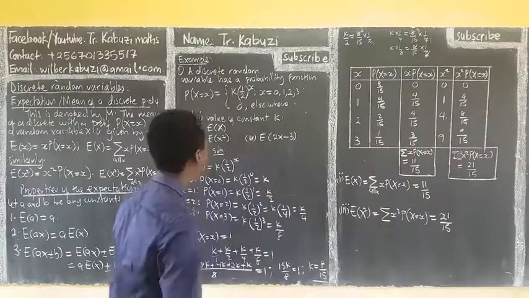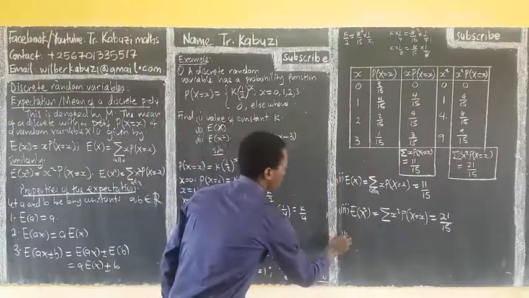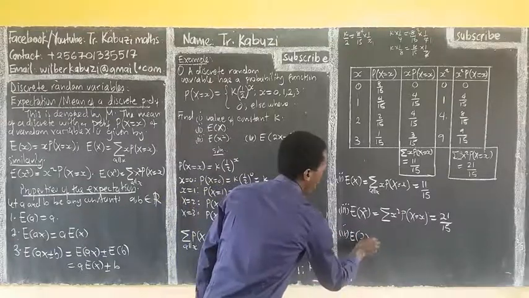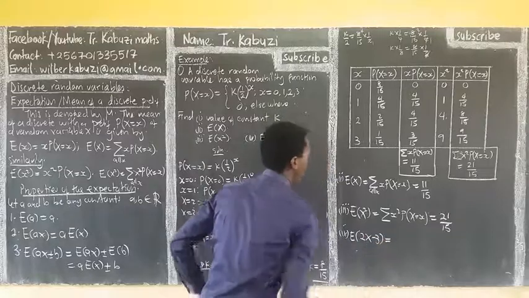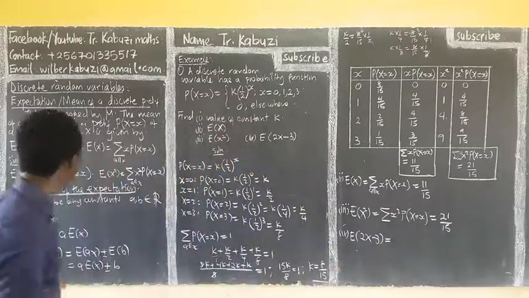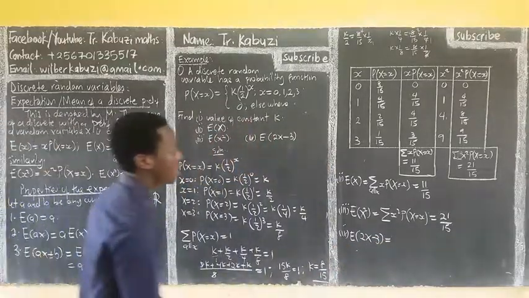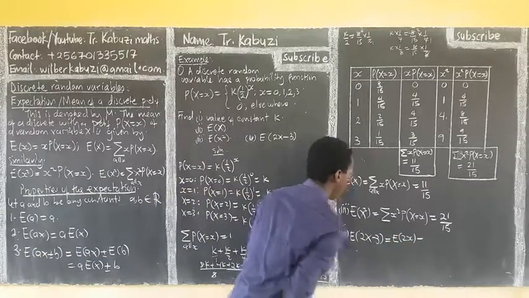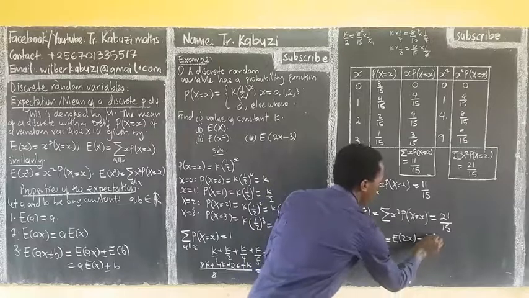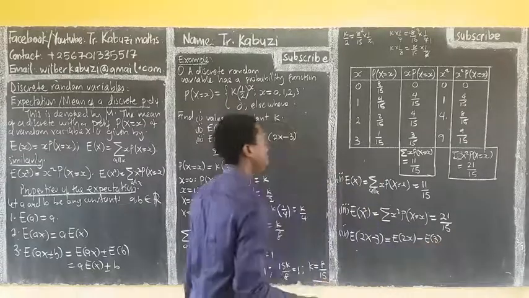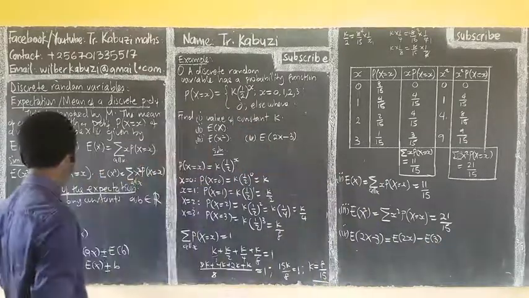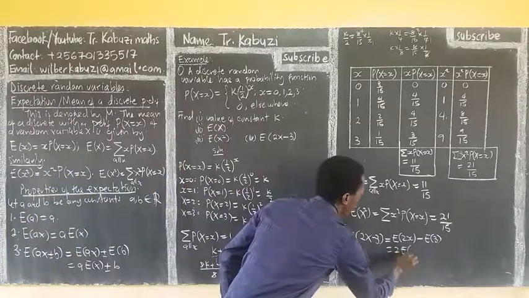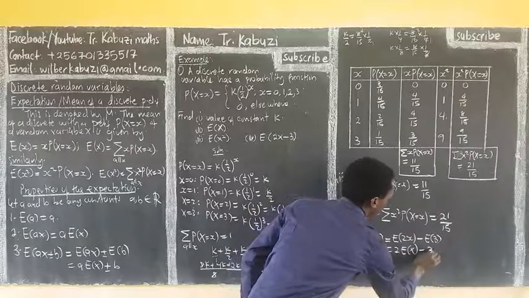Then over number 4, you see this one is very easy. I need E of 2x minus 3. You can use the property here. So this will be the same as E of 2x minus E of 3, as simple as that. So this will be now 2E of x, then minus 3.